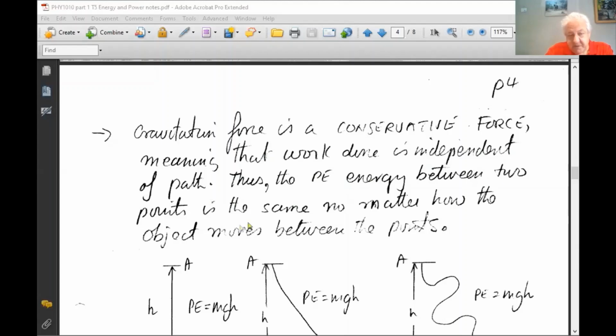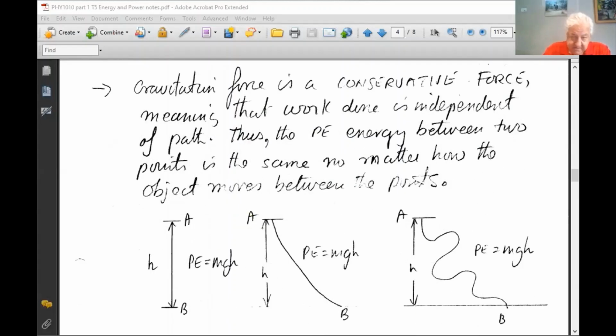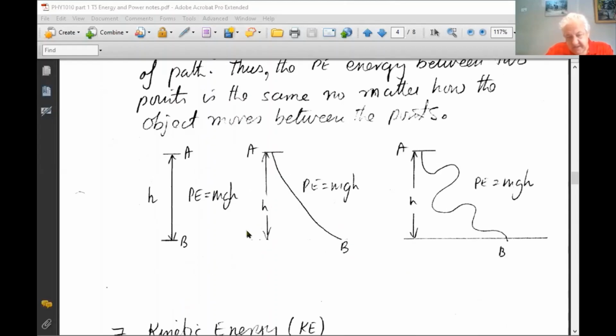Thus, the potential energy between two points is the same no matter how the object moves between the points. So if I take a point A and B, let me explain this on the whiteboard in more detail.